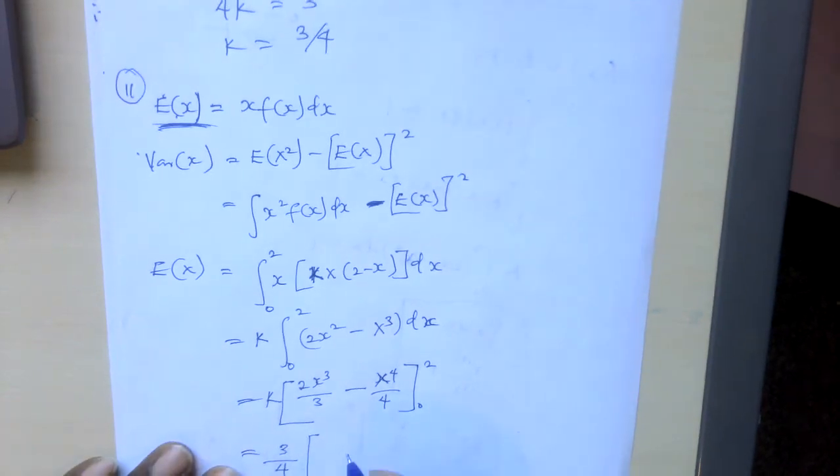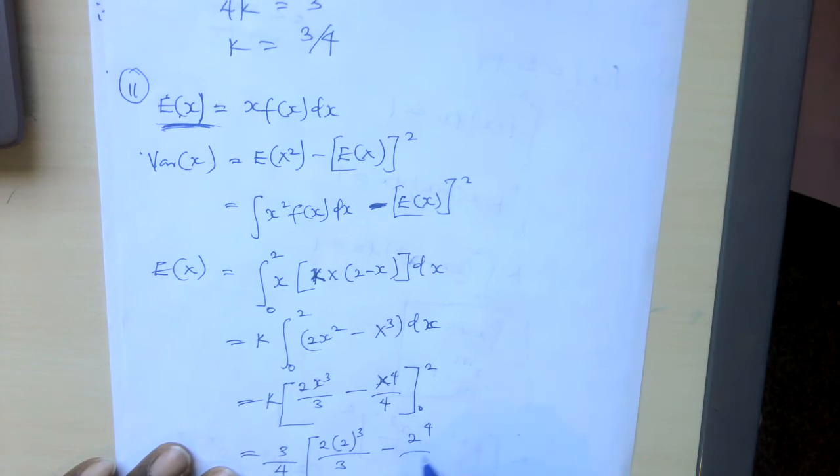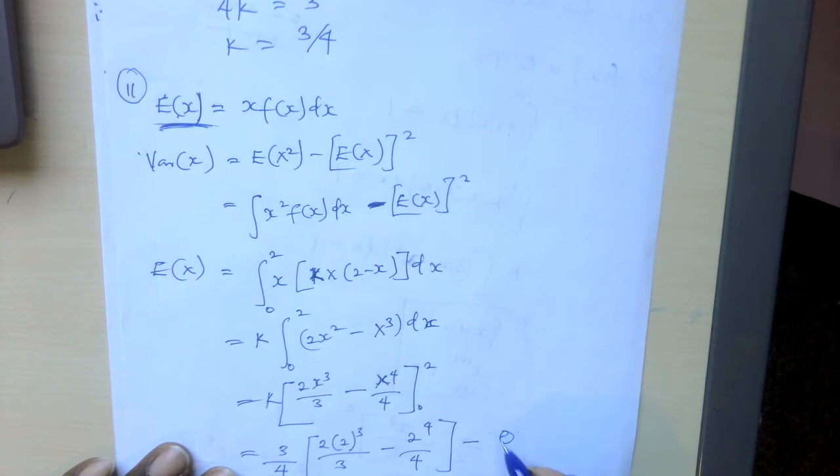Then we have 2 cubed minus 2 raised to the power 4 over 4. So when you substitute 0 into everything, I know everything will give me 0.